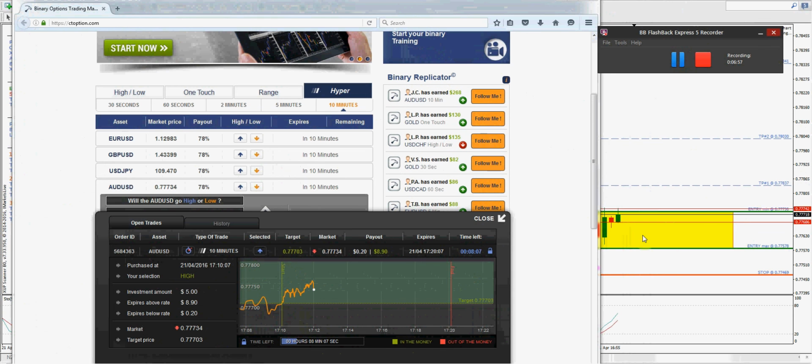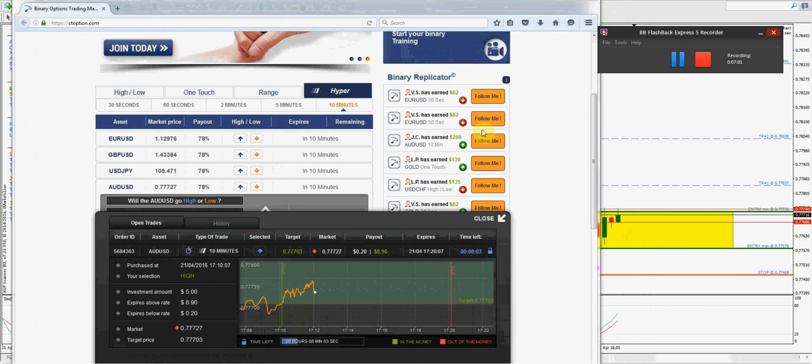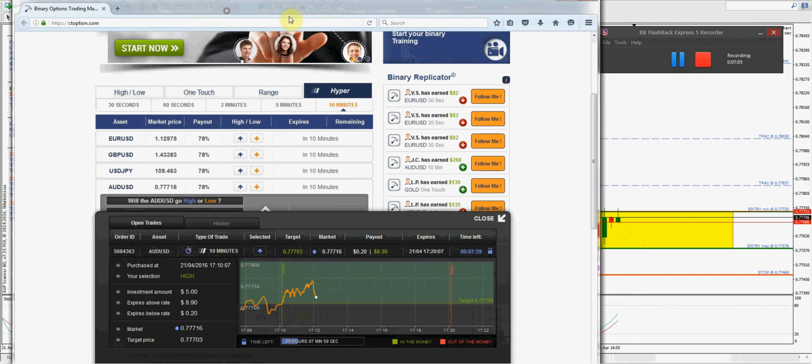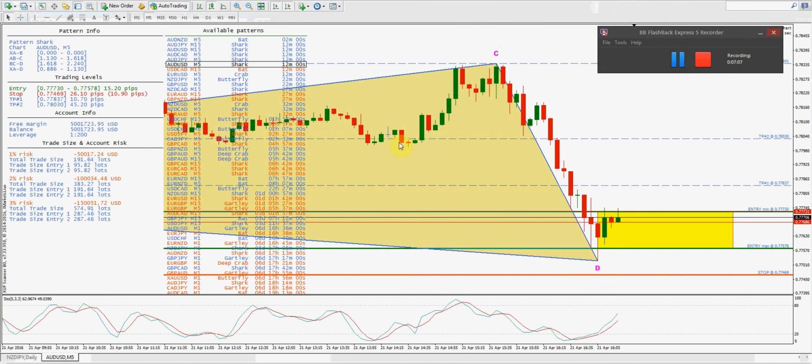Also, just in general with binary options, I found that it doesn't seem to work as well in heavy trending markets. It seems like it does better in sideways type stuff where the market comes up, comes down, comes up. When you've got heavy trending markets like this, it's a bit harder to catch trades with the Harmonic scanner. So that's just a few things I've noticed, and it's easy enough to avoid markets where there's heavy trending.